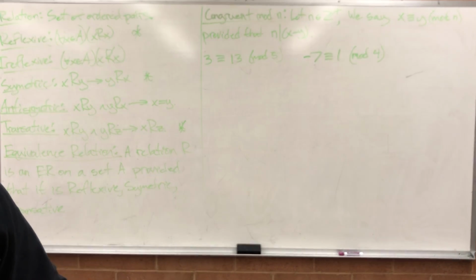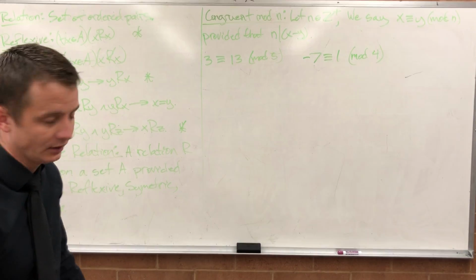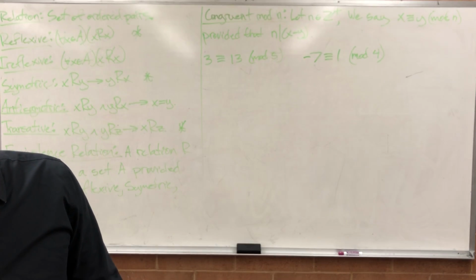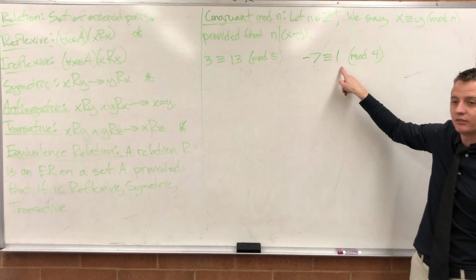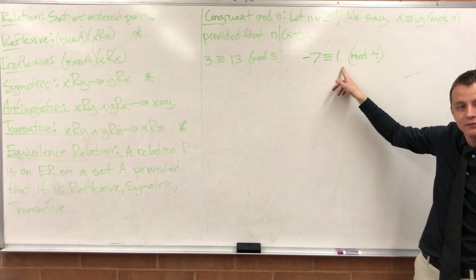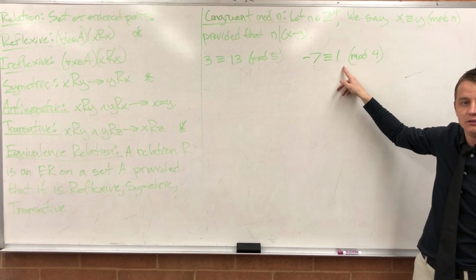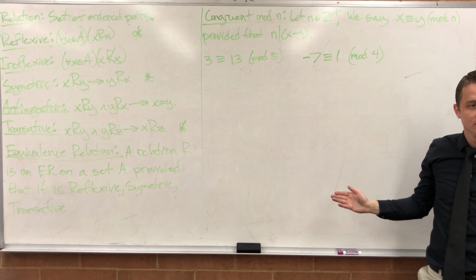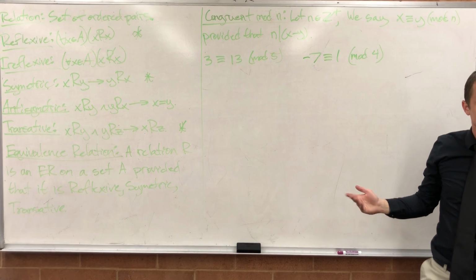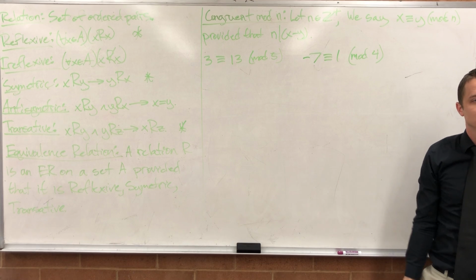Because it's divisible by 8. What's divisible by 8? 4 divides 8. Wait, you're skipping a step. Walk it through. Negative 7 minus 1 is negative 8. Does 4 divide negative 8? Yes. 4 times negative 2 is negative 8.